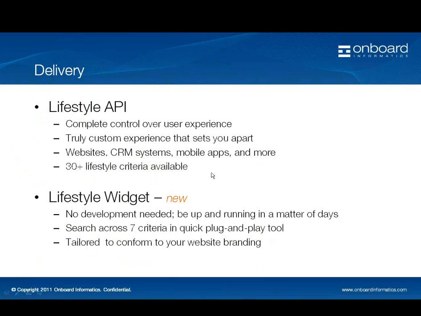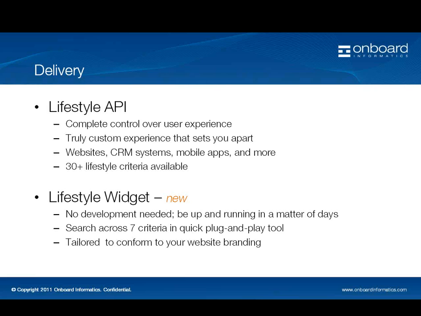So I've showed some sample implementations, but I'm going to go quickly through delivery. There's our lifestyle API. We also have a lifestyle widget. Both of them, same concept. Our API is great for people who want to create a unique experience.